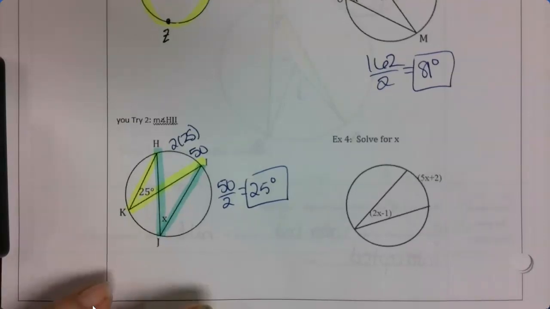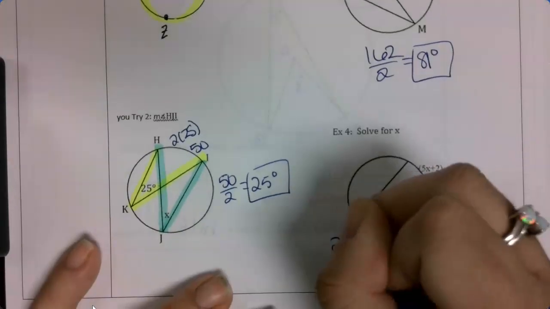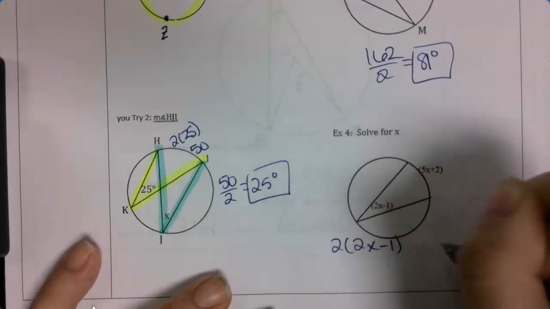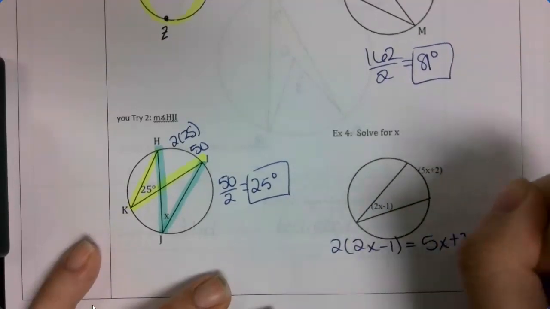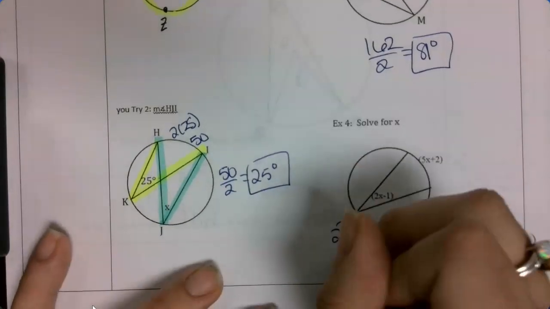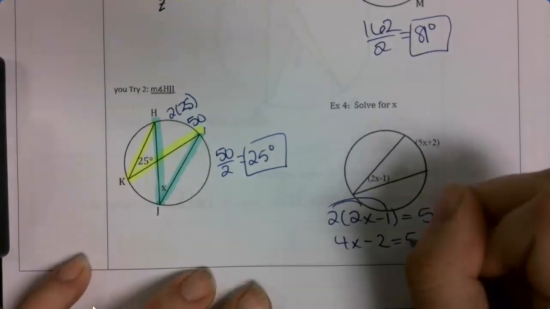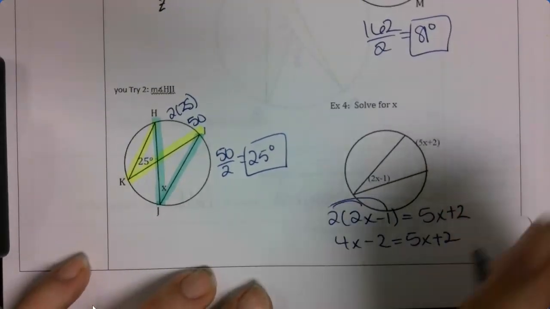And then number 4 wants me to solve for x, so remember this tiny angle is half of this one. So I can do 2 times 2x minus 1 equals the 5x plus 2. So I distribute that 2, I get 4x minus 2 equals 5x plus 2.